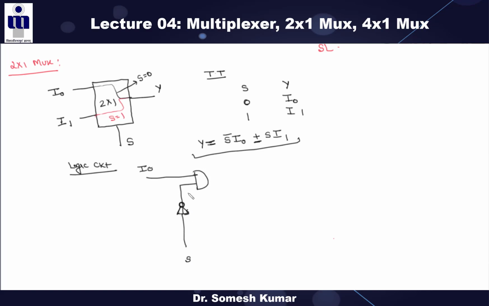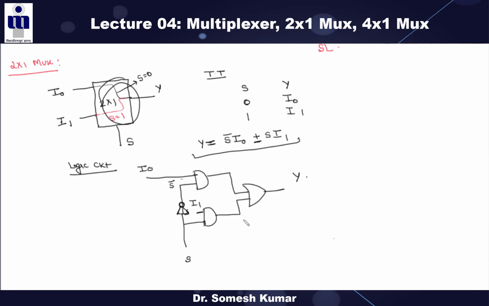So this is S, this is S bar, right? And in the second AND gate, S is there, and what is the second input? I1 is there, and this is given to one OR gate, right? So this is the internal circuit which is inside this 2 is to 1 box, right?